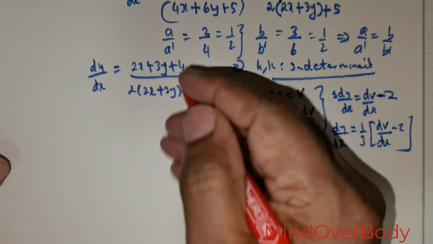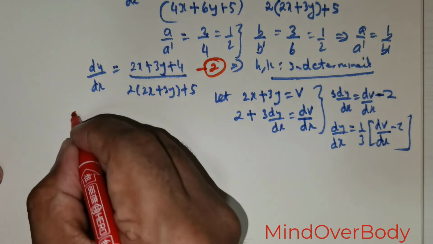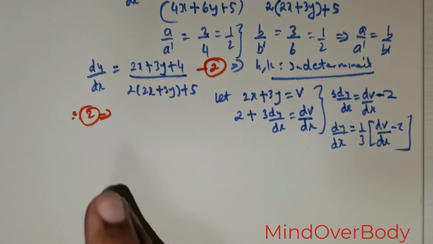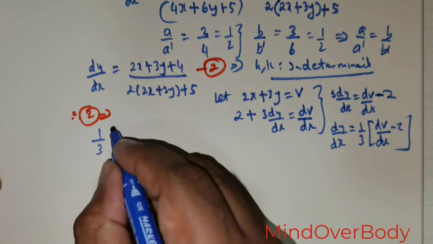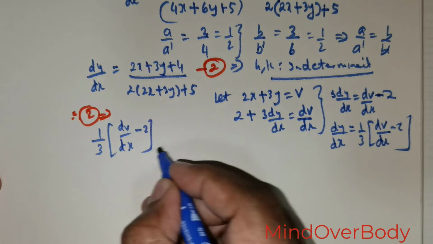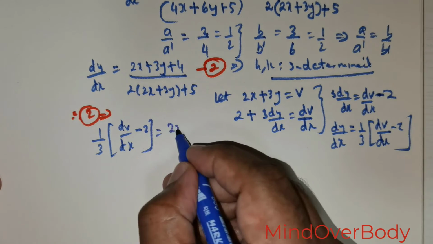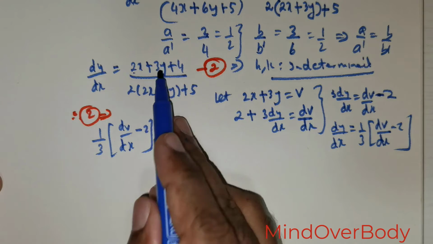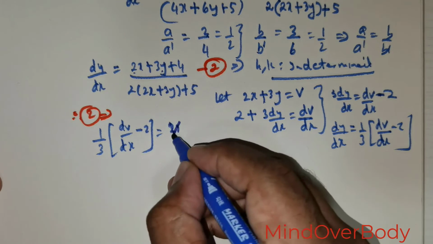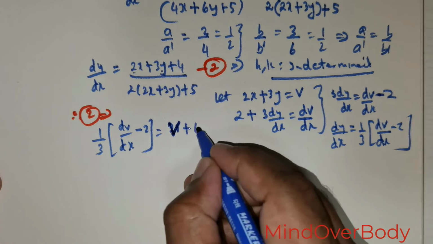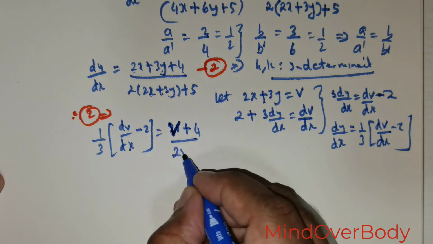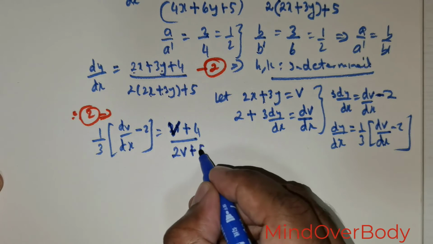So in place of dy over dx I'm going to substitute 1 over 3 of dv over dx negative 2, and that is equal to 2 times of x positive 2y. 2 times of x positive 2y is going to be my v. So let me place that v followed by a 4, and 2 of 2x positive 3y, that's going to be my v again. So it's going to be 2v positive 5.